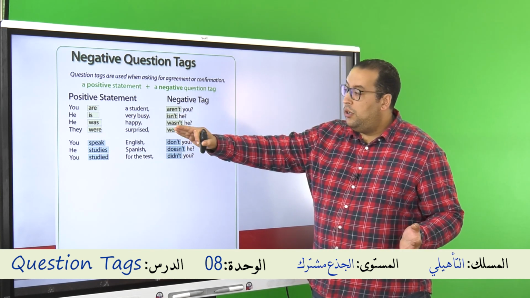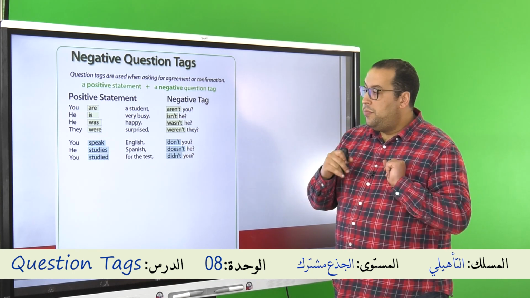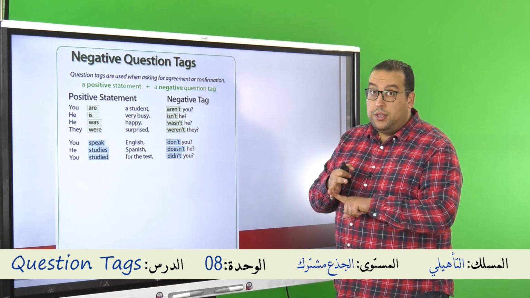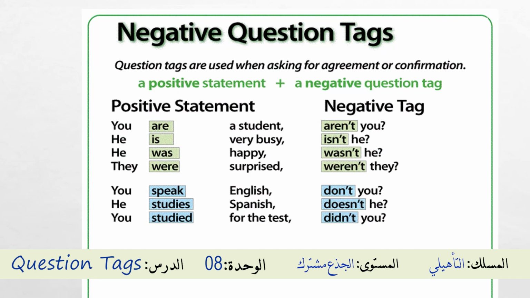So the verb speak is in the present, and it is affirmative. Now, the verb do should be in the present, but in the negative. He studies. So studies is the verb study in the present simple.